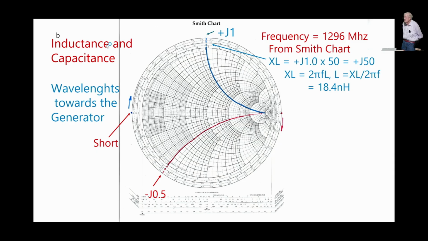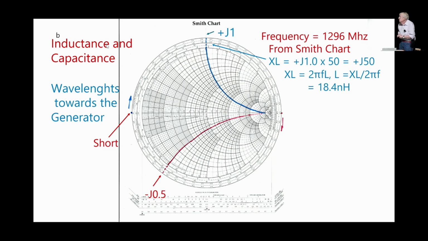There's just an example of selecting an impedance from the Smith chart, then taking it back to being the exact impedance, which is the J50, and then using the reactance formula, you come back to 18.4 nanohenries. Now what does that mean?